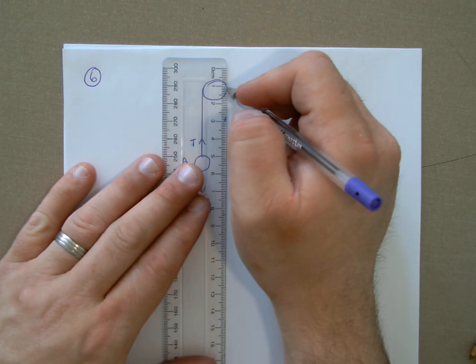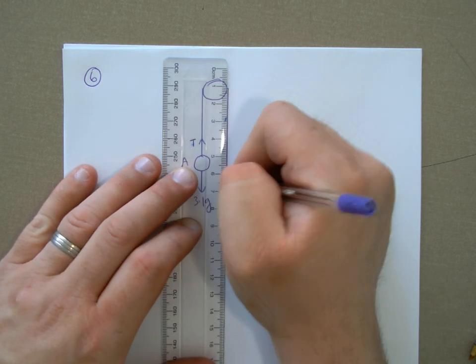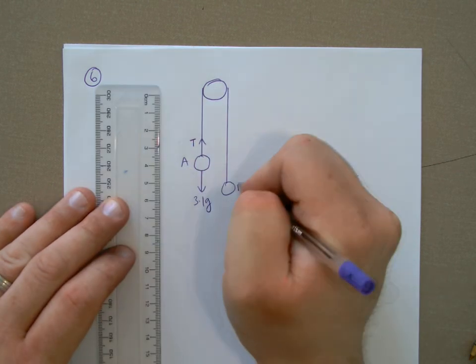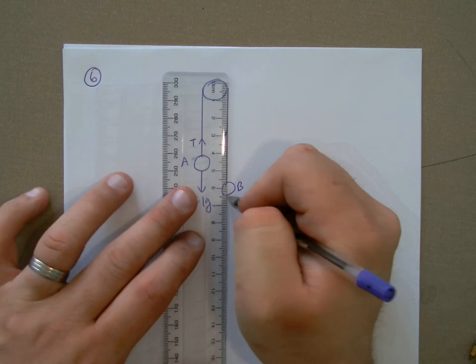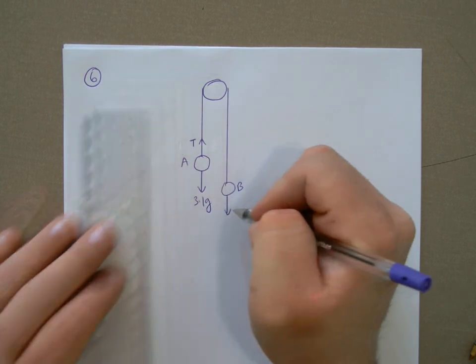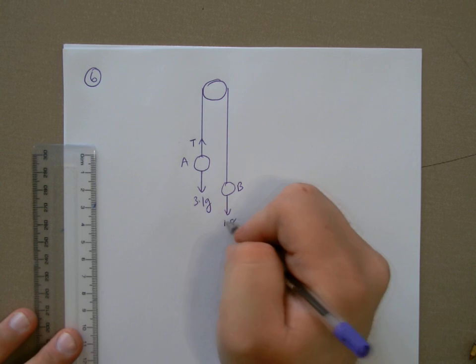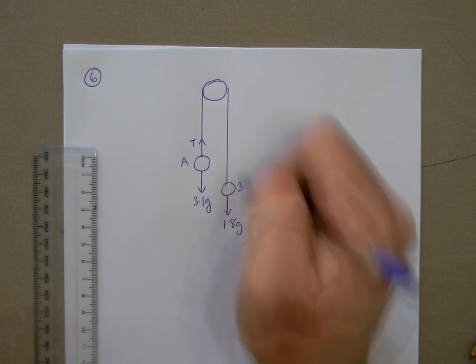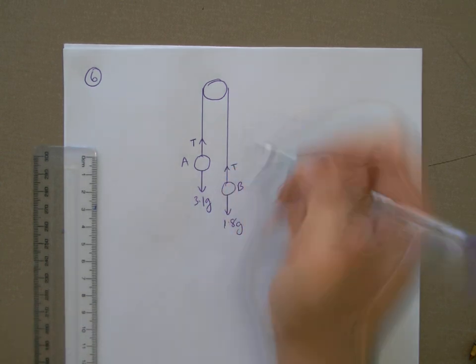Then we've got the other end of the string, a mass labelled B, whose weight will be 1.8 G, because it's got a mass of 1.8 kilograms. We've got the tension there.